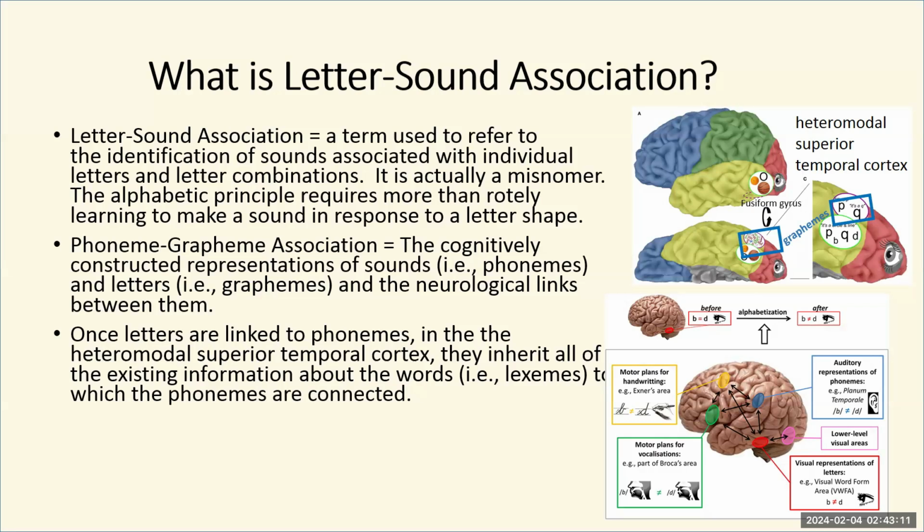So as soon as a letter becomes the grapheme, then the grapheme is associated with the phonemes. So the graphemes elicit the sound that they're associated with. Sounds are linked to words, and now graphemes become linked to words through their connection to phonemes.